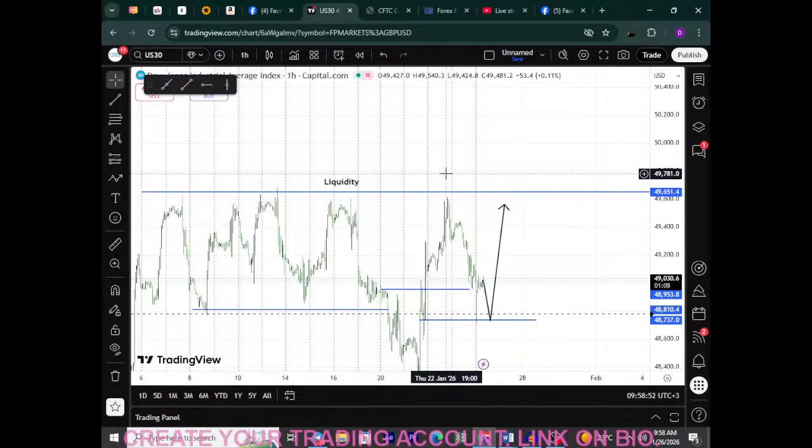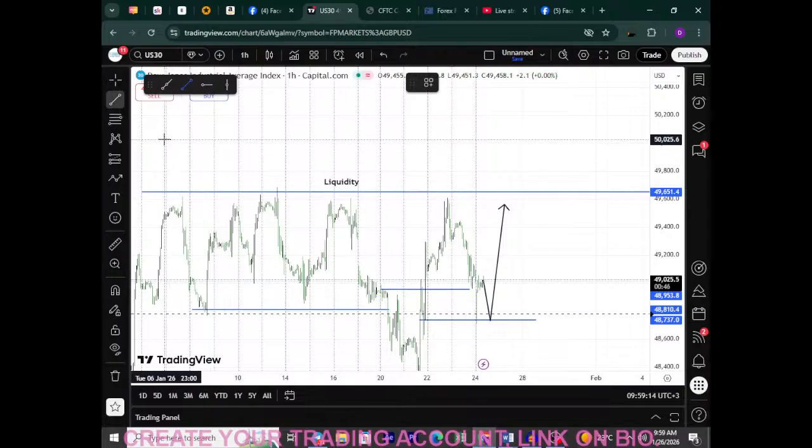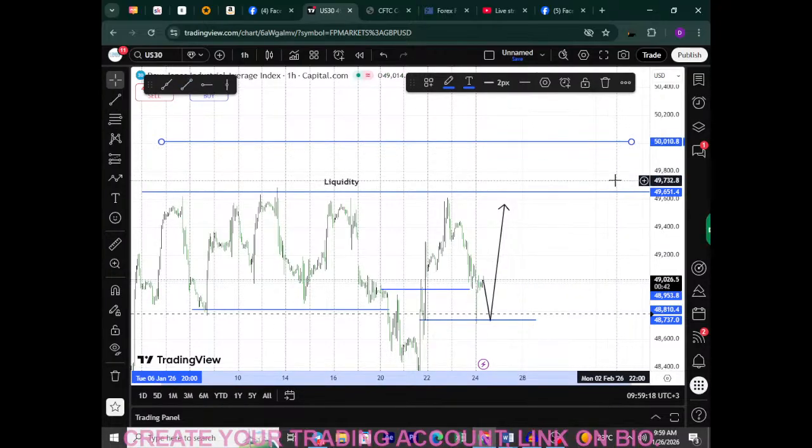So if price has not broken above, it means there is more room for it to get to 50,000. We have to get to 50,000.